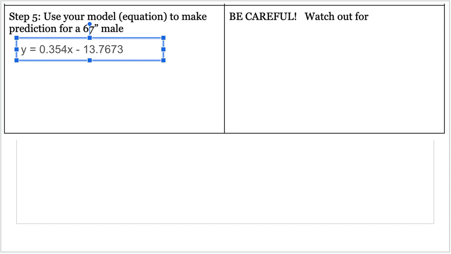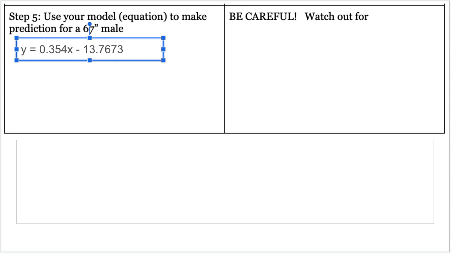My pen is not working currently, so I can't get that written down for you guys. So I'll repeat that again. So input 67 inches for your x, and then essentially you're just putting that straight into the calculator.